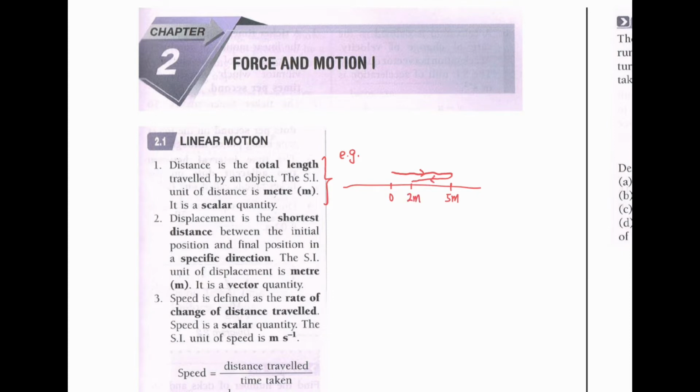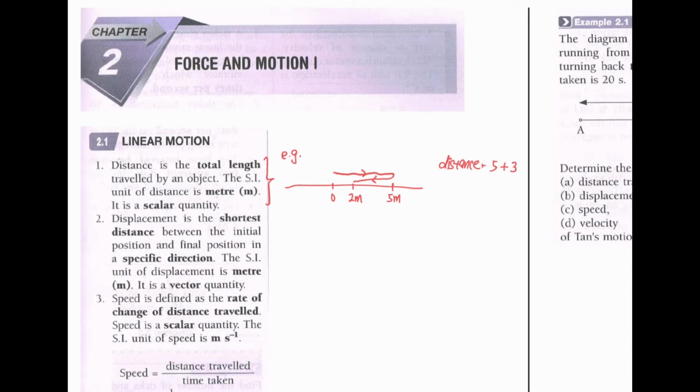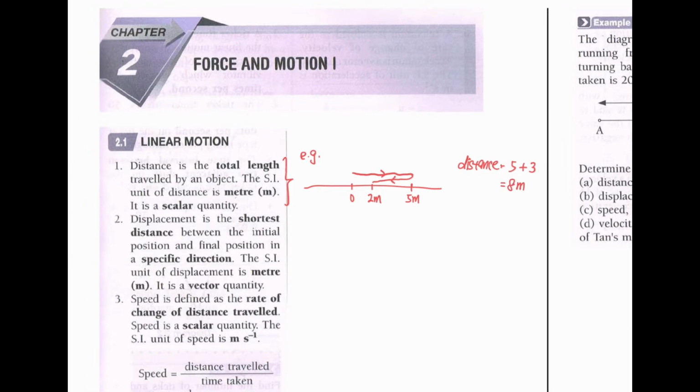If you want to find the distance, we just need to find out how much the object traveled altogether. From here to here, 5 meter. From here to here, 3 meter. So the distance is equal to 5 meter plus 3 meter, so equal to 8 meter. That is how we get the distance.